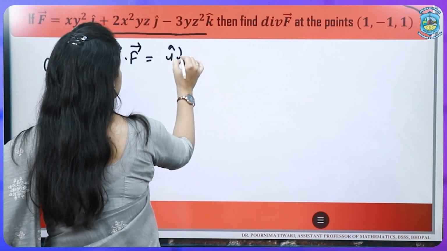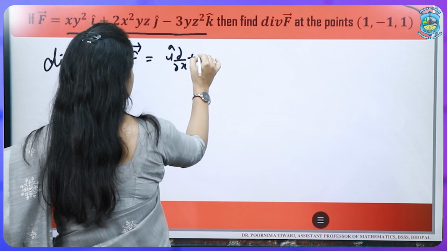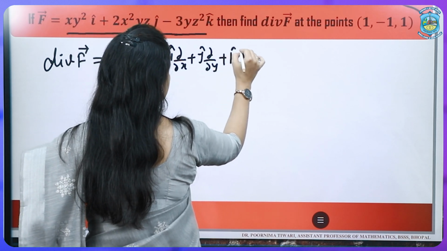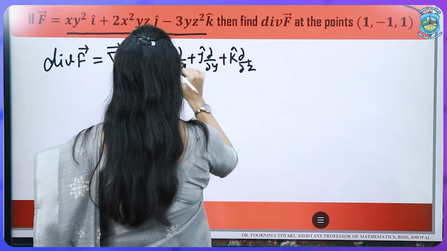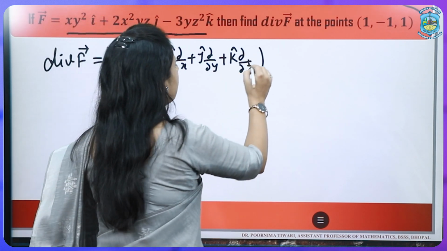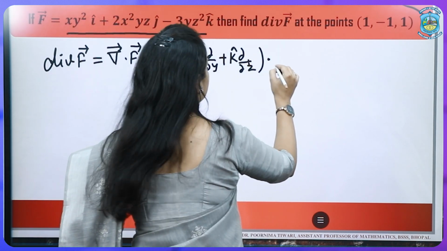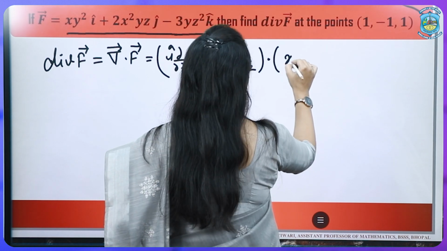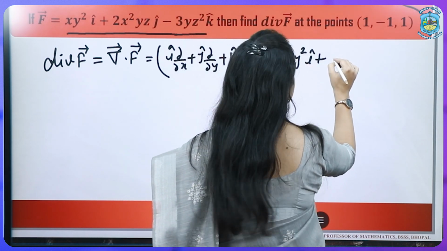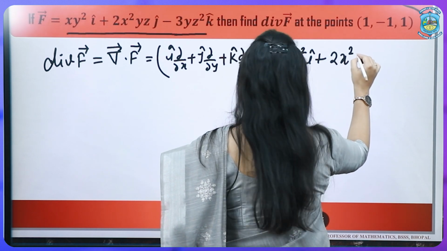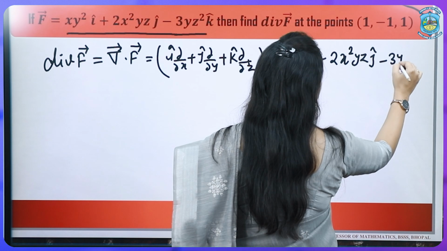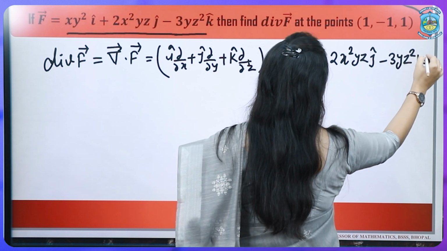So, we will get i cap del by del x plus j cap del by del y plus k cap del by del z. This is the value of the nabla operator. And now we will write vector f: xy square i cap plus 2x square yz j cap minus 3yz square k cap.